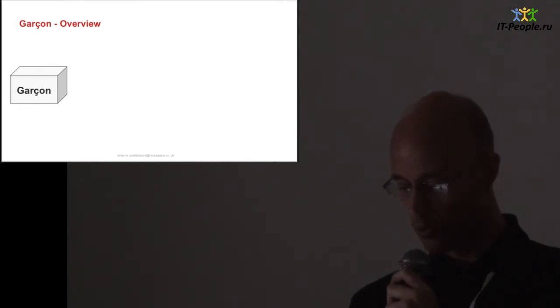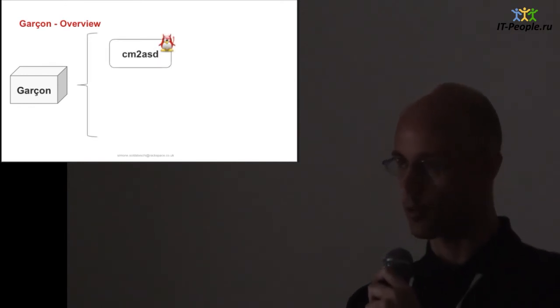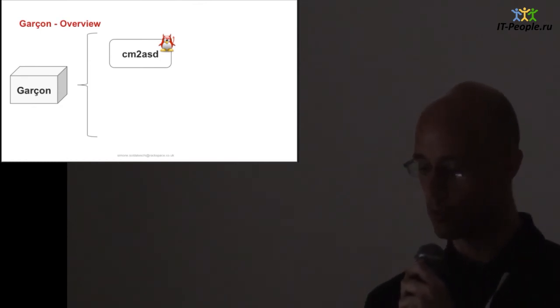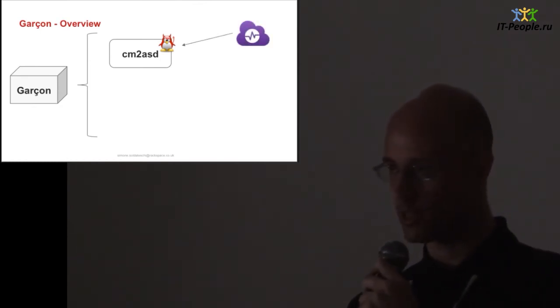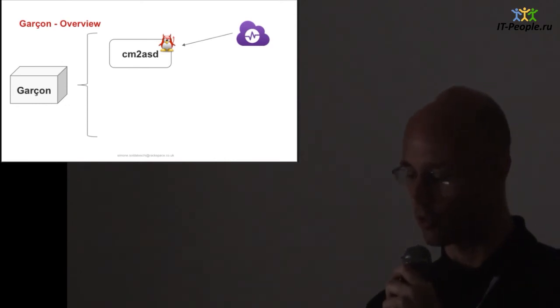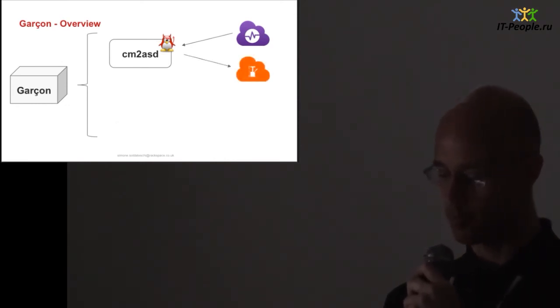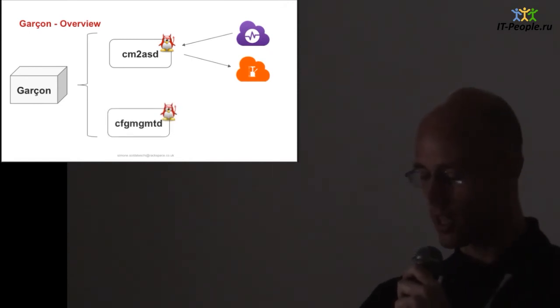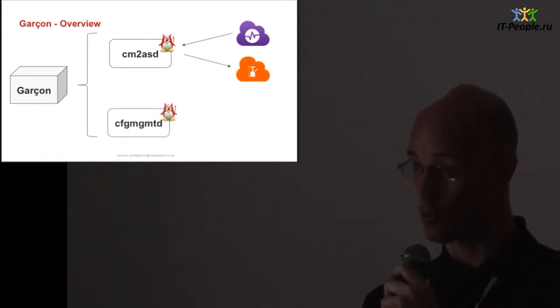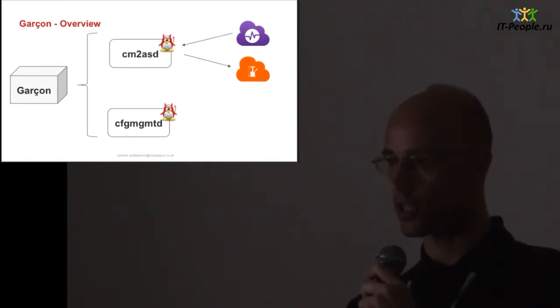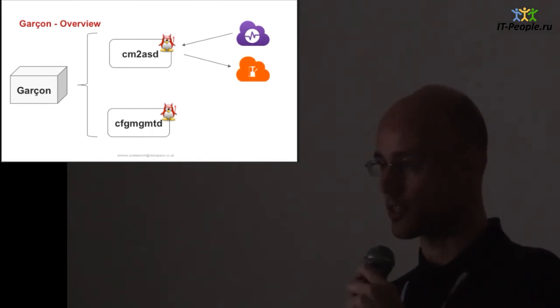Garçon is composed of two different daemons. One is the cloud monitoring to autoscale daemon, which is able to fetch data and stats from your monitoring system and to trigger scaling policies. Then there is a second daemon, namely the configuration management daemon, which constantly asks autoscale what are the servers participating in the scaling group.